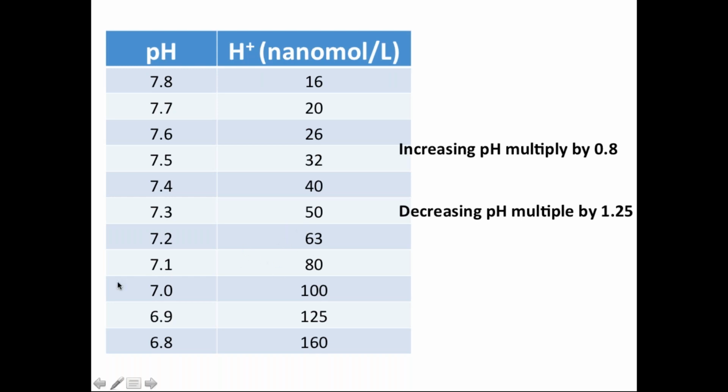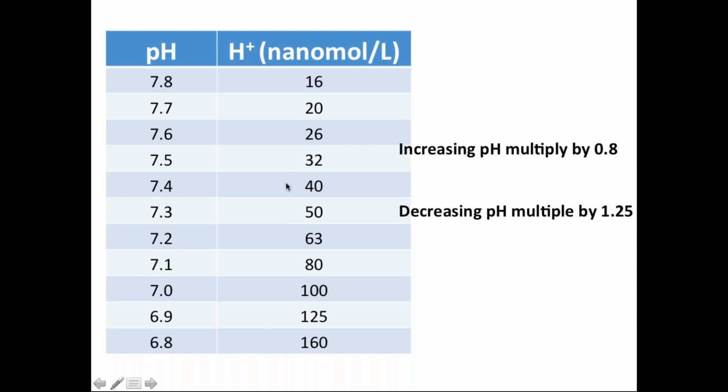To go from 7.4 to 7.3, the H plus ion concentration increases to 50; 7.2 will be 63, 80 for 7.1, 100 for 7, 125 for 6.9, and 160 for 6.8.